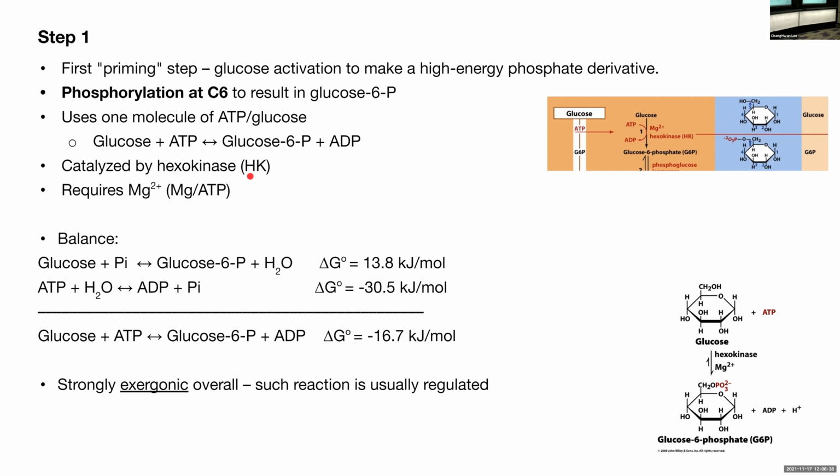We talked about hexokinase several times when we were talking about enzymes and catalysis, and also the first part of metabolism. So you should be familiar with this hexokinase enzyme, which requires magnesium cation for its reaction. Why does this enzyme require magnesium cation?